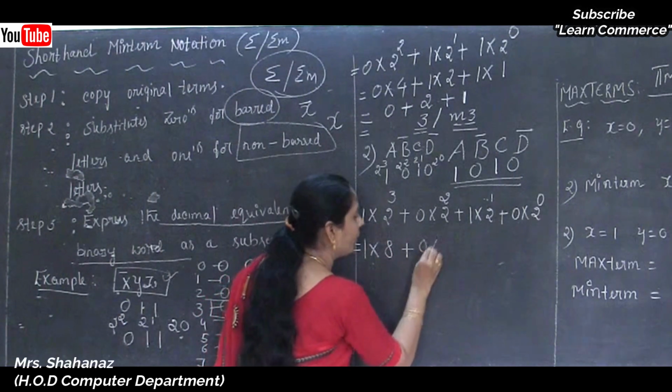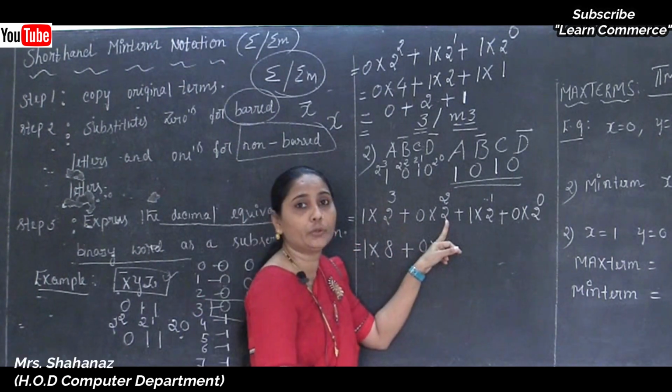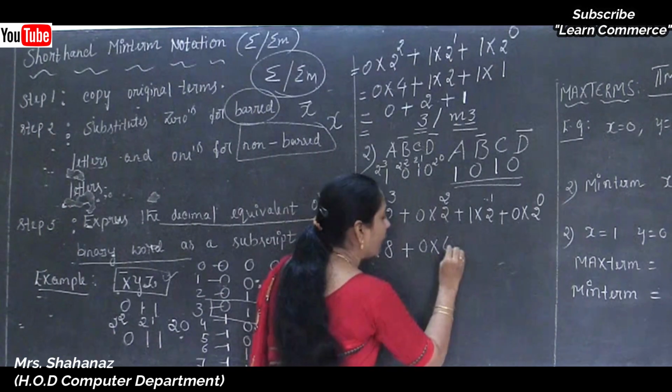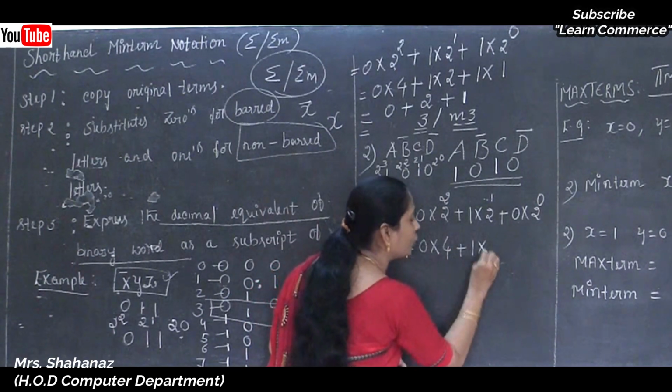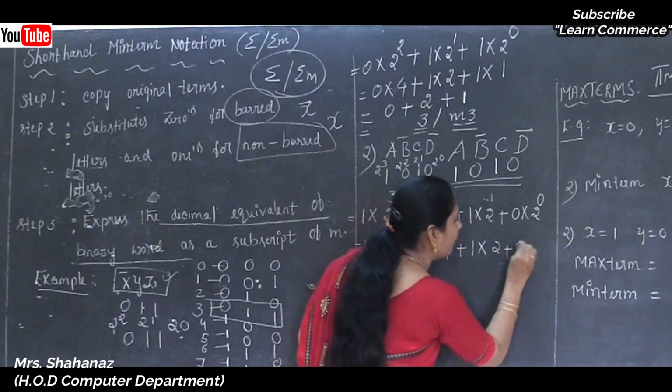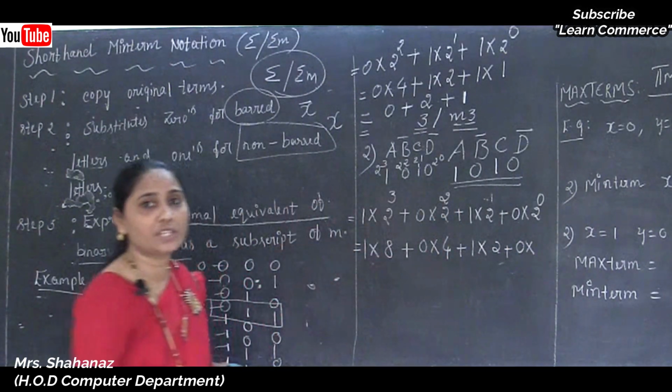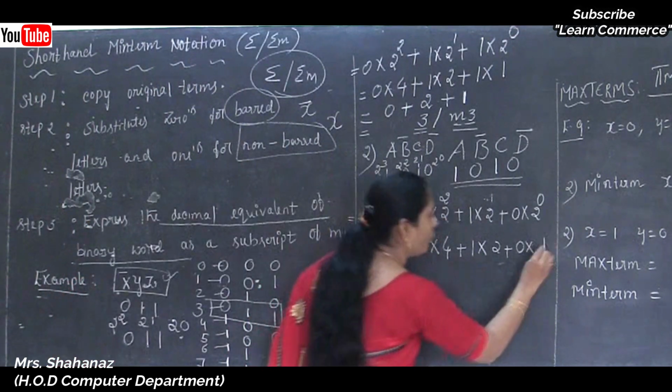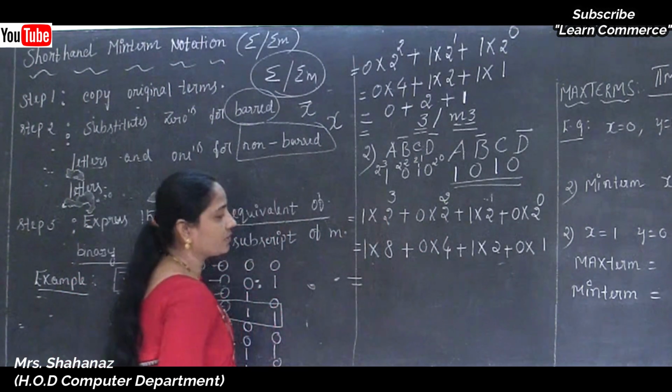That is how I got the value 8. Plus 0 into 2 to the power of 2, that is 2 into 2, the value is 4, plus 1 into 2 to the power of 1, which is 2, plus, and we know that 2 to the power of 0 is equal to 1 only.